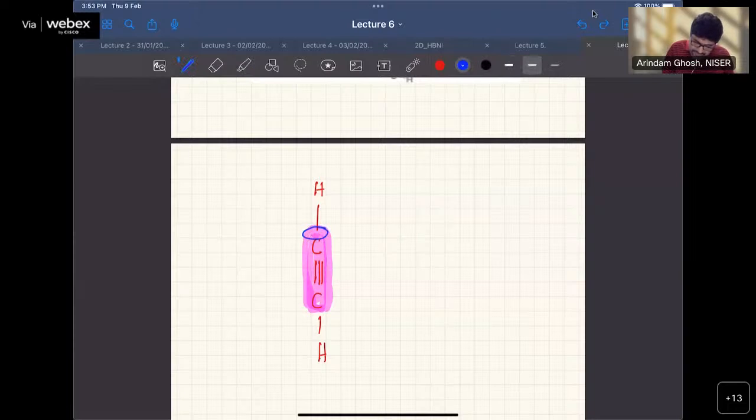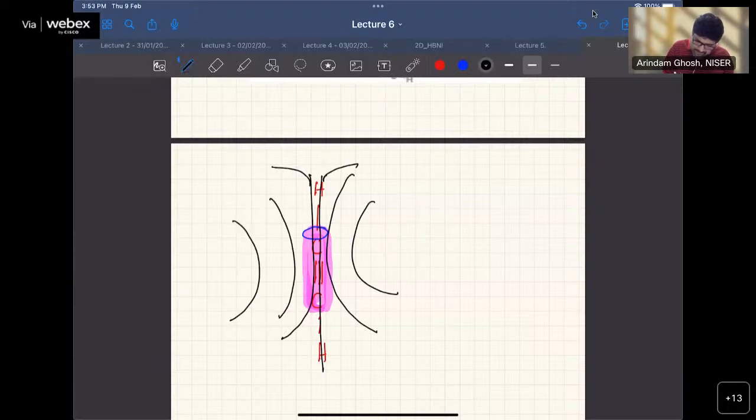So this is the ring, and the field that is being created is of this order. It will oppose from this direction, but here it is going down. It has to oppose, correct?